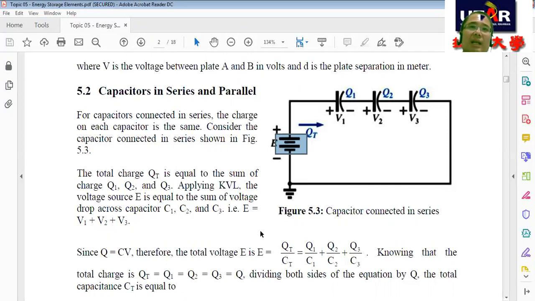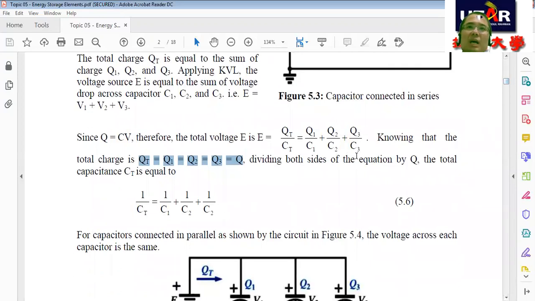This equals Q1 divided by C1 for V1, then V2 equals Q2 divided by C2, then V3 equals Q3 divided by C3. Since in a series circuit the current remains the same, the charge is the same. So QT equals Q1 equals Q2 equals Q3 equals Q.